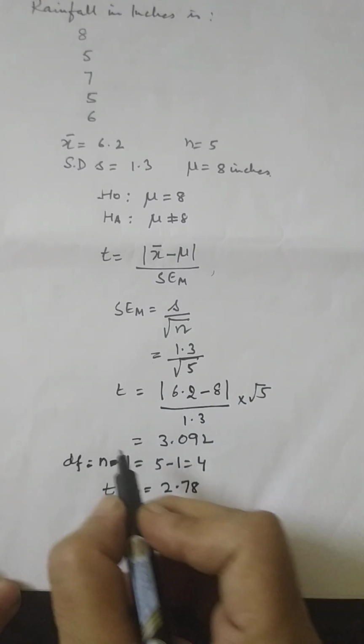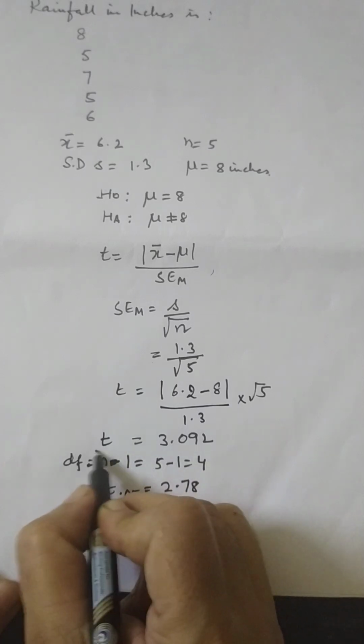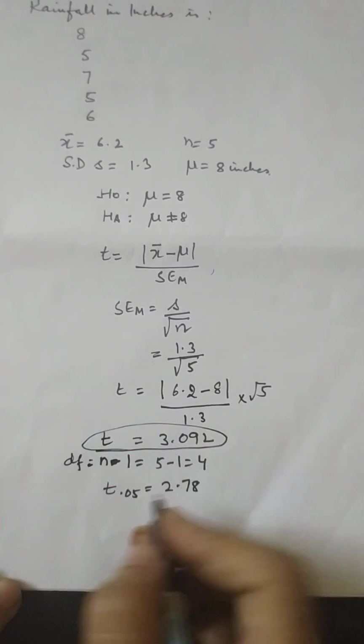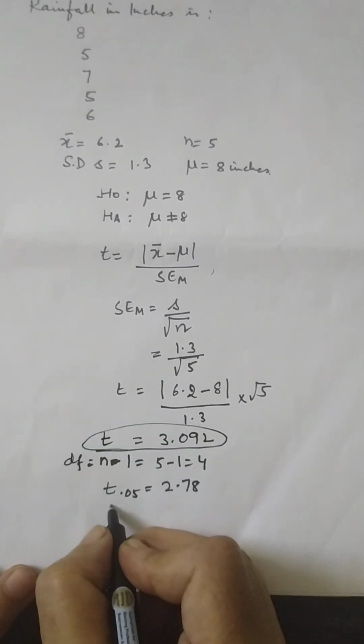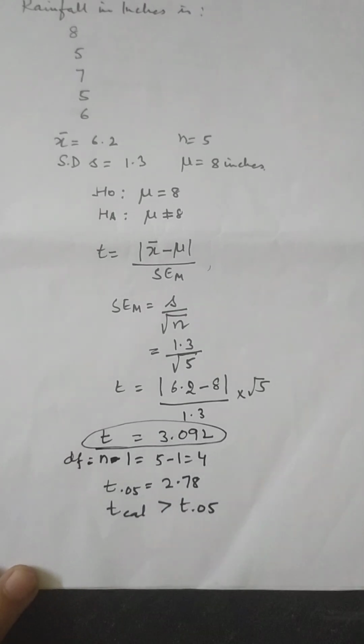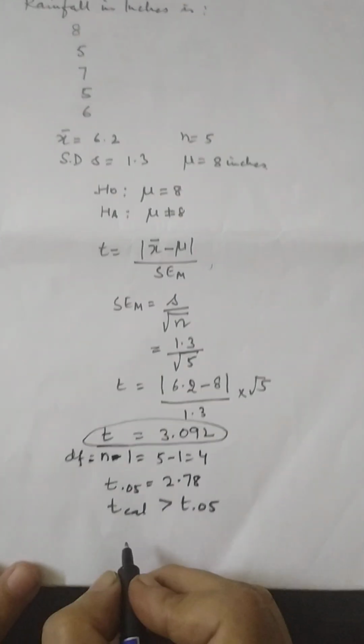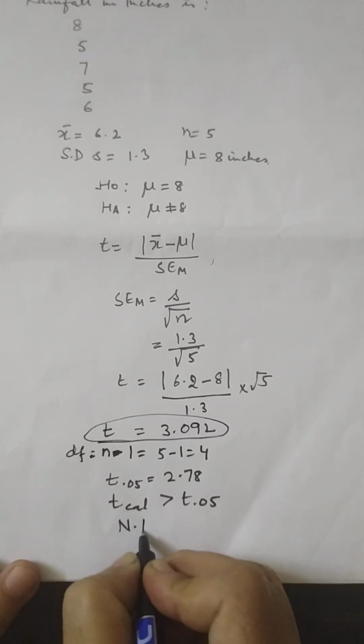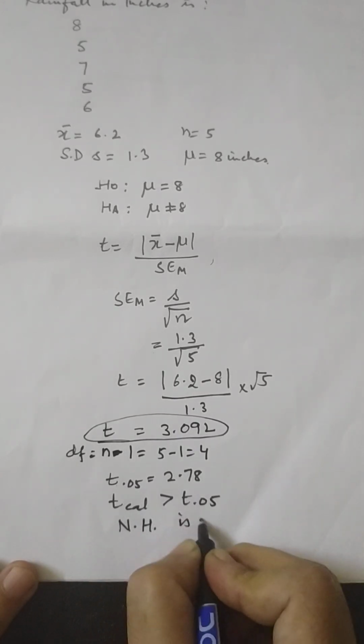Now you observe that the calculated value is greater than the t at 0.05, right? So our null hypothesis is rejected.